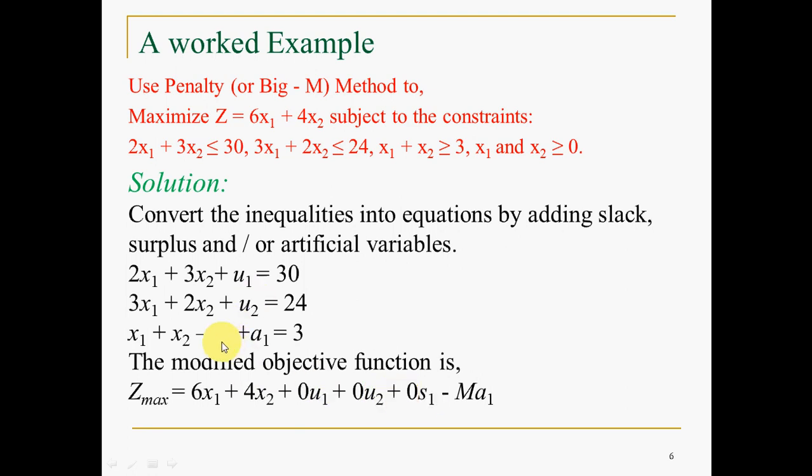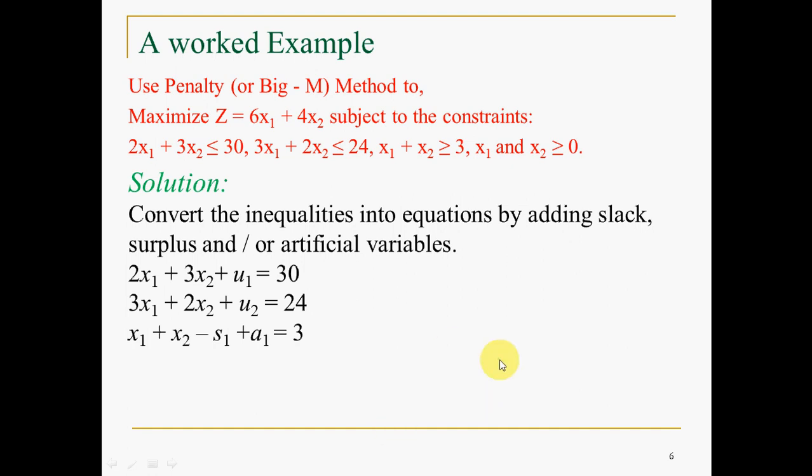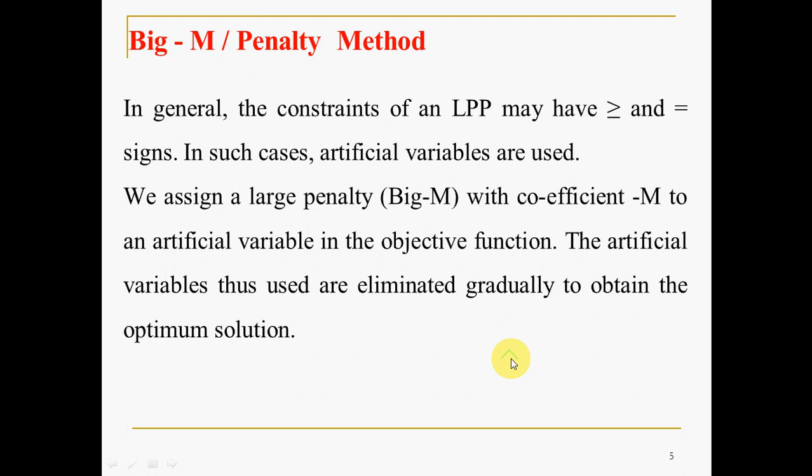What is new here is s1, the surplus variable, and minus M into a1. That is what we discussed in the beginning: you have to add an artificial variable, so we assign a large penalty, that is big M, with coefficient minus M to an artificial variable in the objective function.